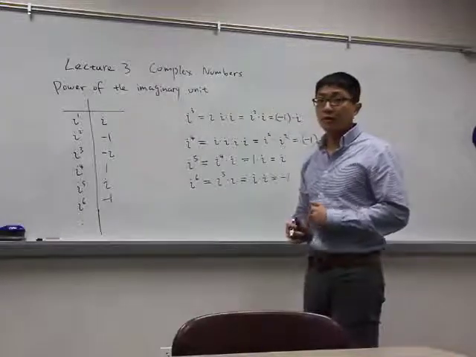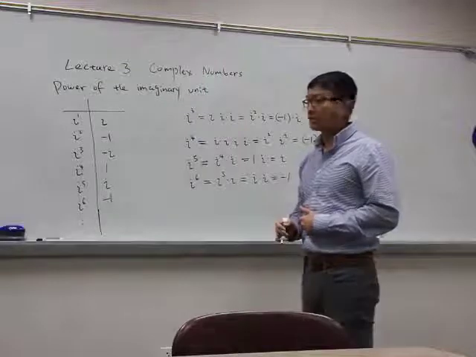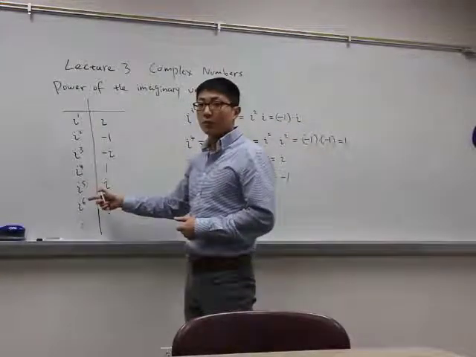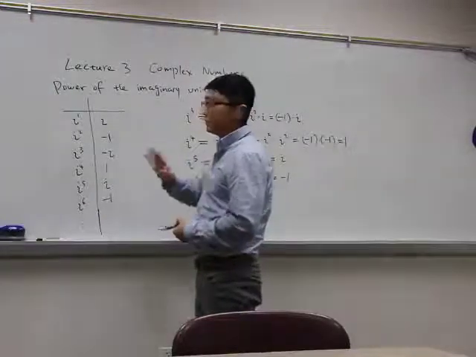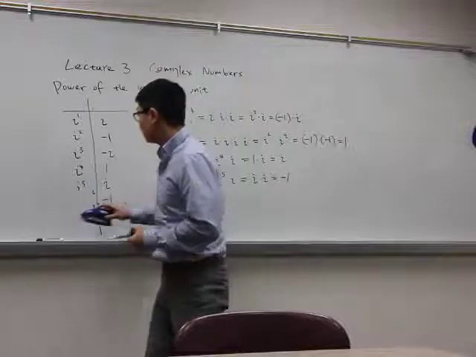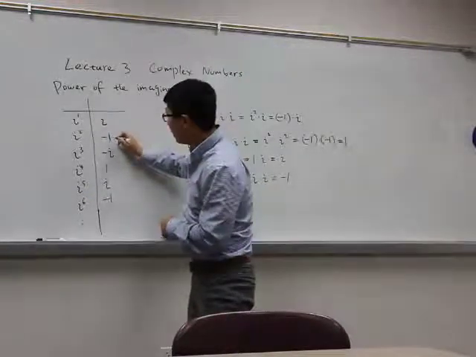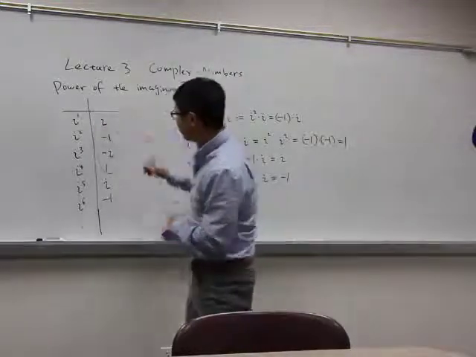So, so far, I think you may already see these results. When i is raised to different powers, the results are always among 4 things. And the 4 things are i, -1, -i, and 1.